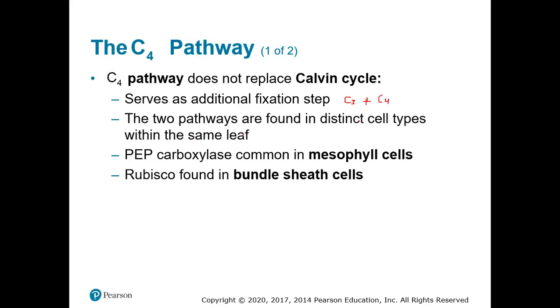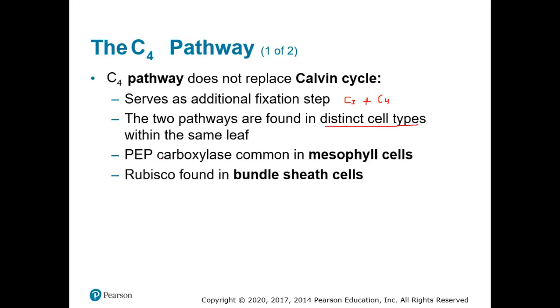Now, the key for the C4 pathway that you will absolutely need to remember: C4 pathways are spatially separated. Our C3 and C4 pathways are found in distinct cell types.